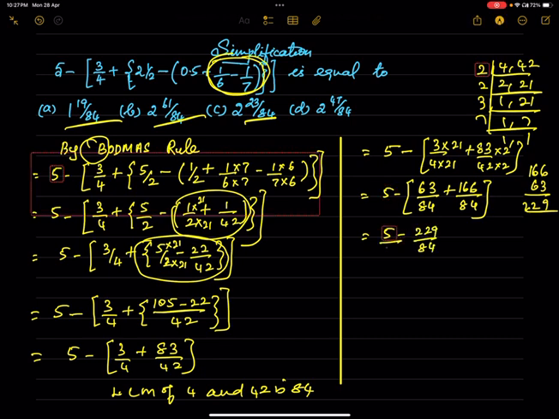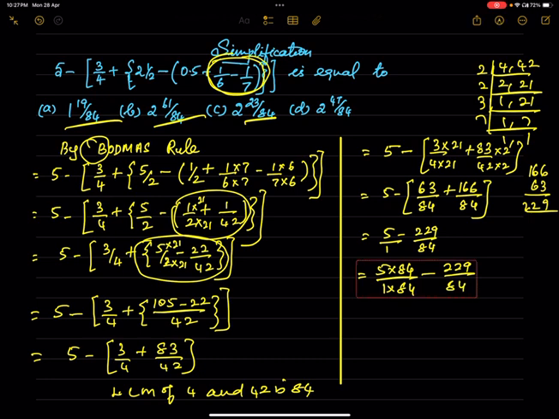What is the LCM of 1 and 84? 84 only. So 5 into 84 by 84 minus 229 by 84. 5 fours are 20, 5 eights are 40, so 420 minus 229 by 84.